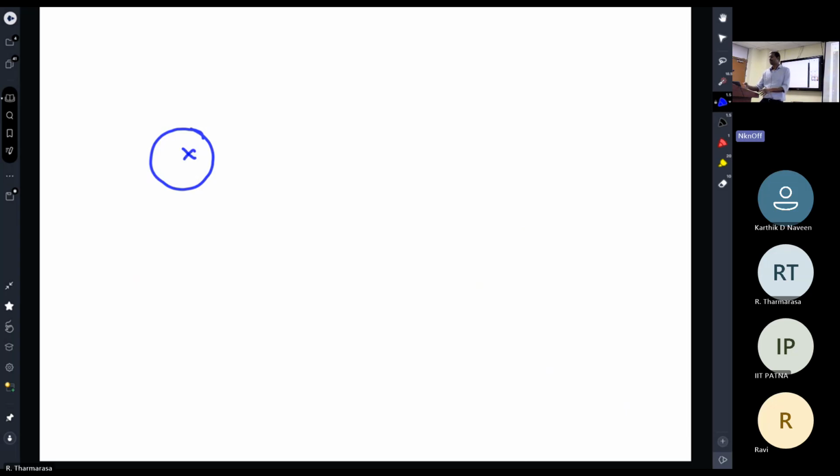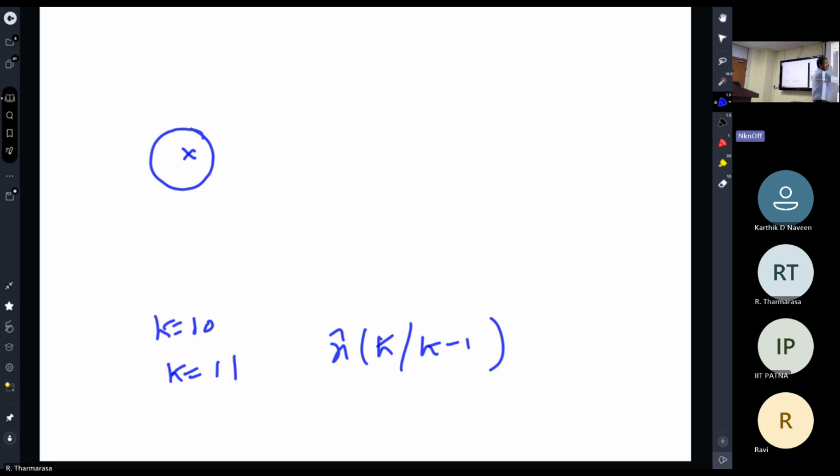So next time, this is K equal 10. K equal 11, you want to do this. The Kalman filter, you want to do the prediction, right? Where is the predicted location of the target at K equal 11? As if we just initialized the track, I want to go to the next step and process the measurement.